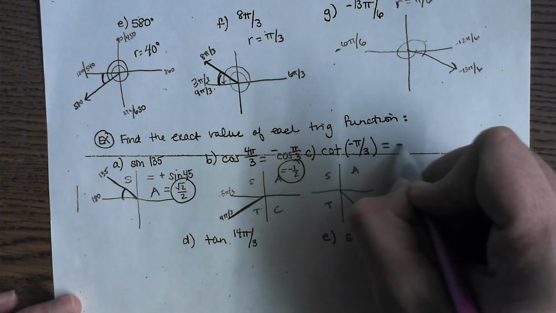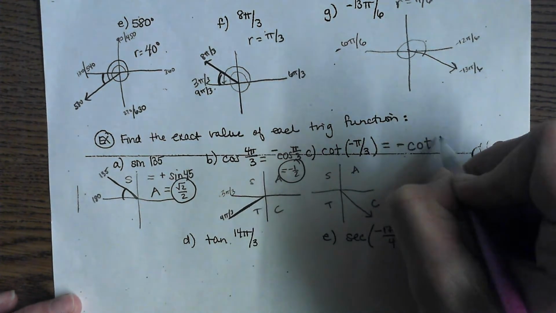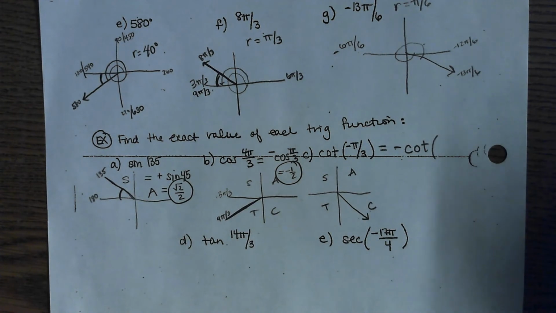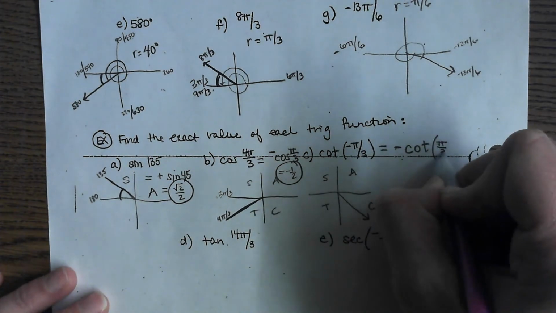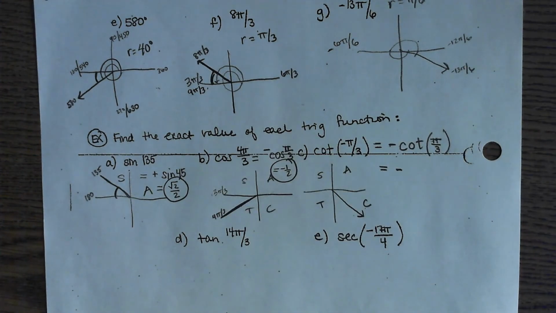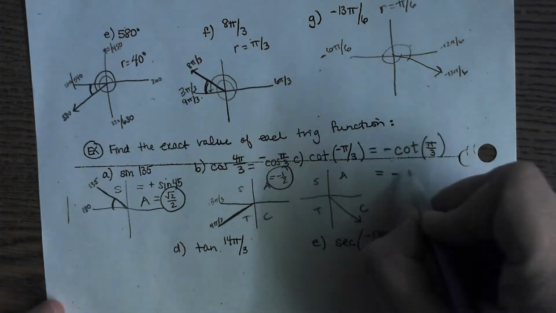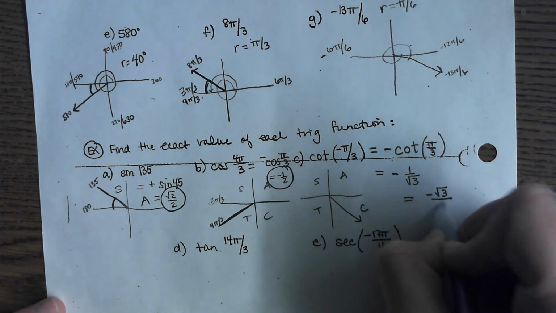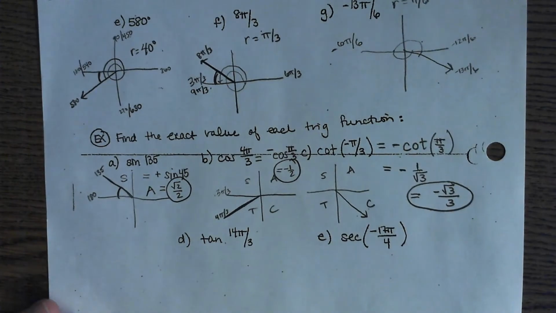So this is going to be equal to the negative cotangent of, what's the reference angle? Pi over 3. So negative something. So like I said, you can find the tangent of pi over 3, which you should know is root 3, right? And then you can reciprocate the root 3 to 1 over root 3. Which would make this negative root 3 over 3 once it's rationalized.